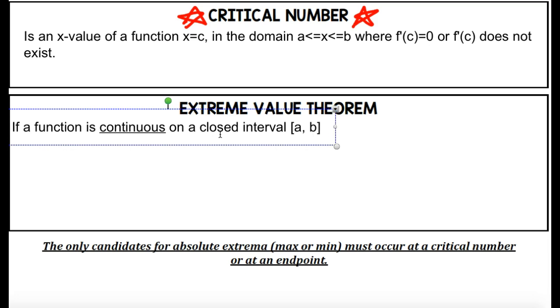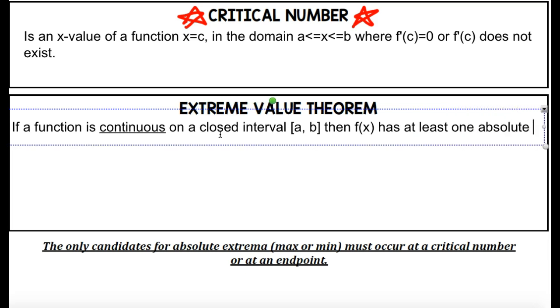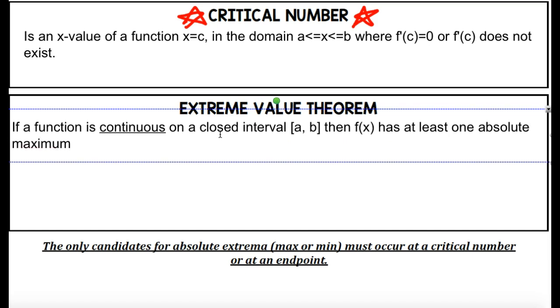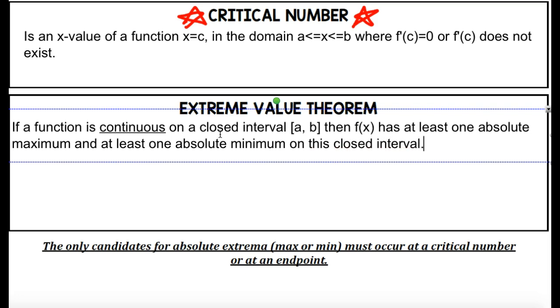a and b, then we'll say our function has at least one absolute maximum and at least one absolute minimum on this closed interval.